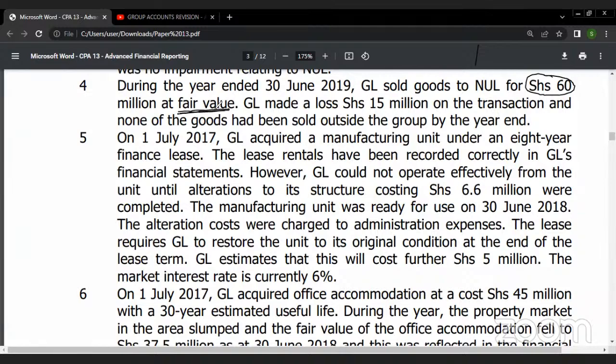GL made a loss of shillings 15 million on the transaction, and none of the goods had been sold to the public, none of the goods had been sold outside the group.